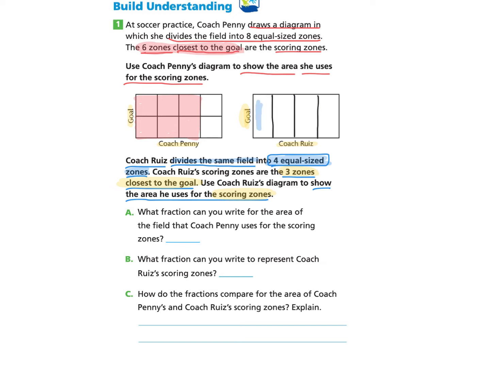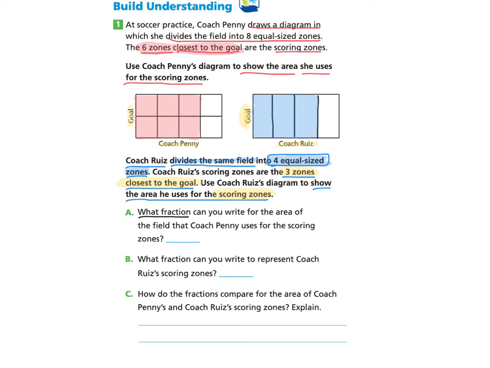This is the first one, the second one, and the third one here. So we're going to color those sections in because they are the closest to the goal according to Coach Ruiz and his sections. All right, now we're ready to take a look at part A.